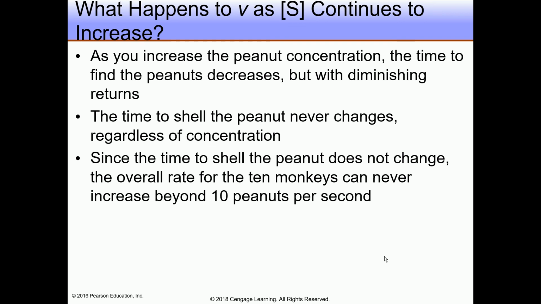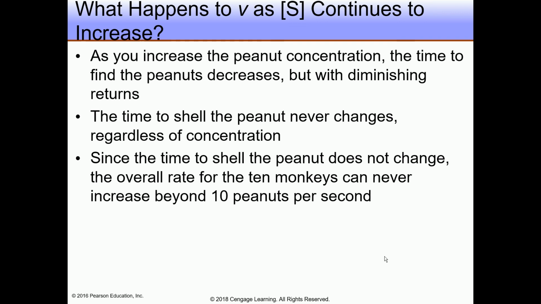Now basically peanuts are our substrate in this example. We are increasing the concentration of substrate. We have increased from 1 to 3, and now we are making the room full of peanuts, so that the monkey doesn't need to spend any time in finding the peanuts.